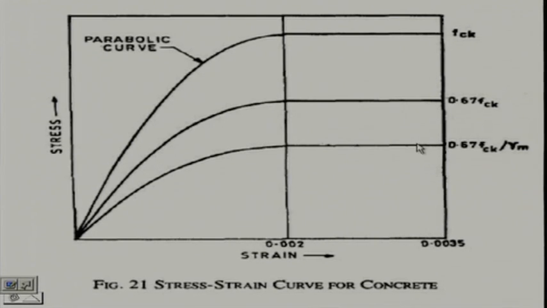Beyond that, we get constant stress in concrete, which comes as 0.45 fck. This portion less than 0.002 strain, we shall get in a parabolic one, we can get the corresponding stress, because we have to find out the stress.